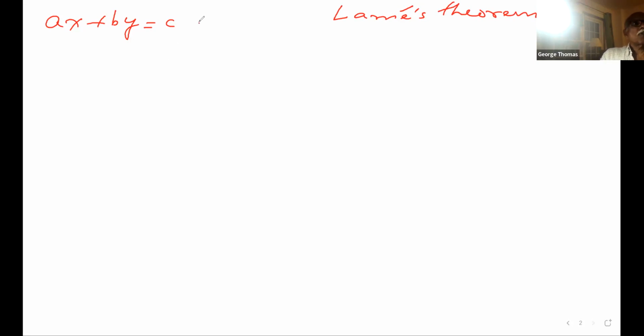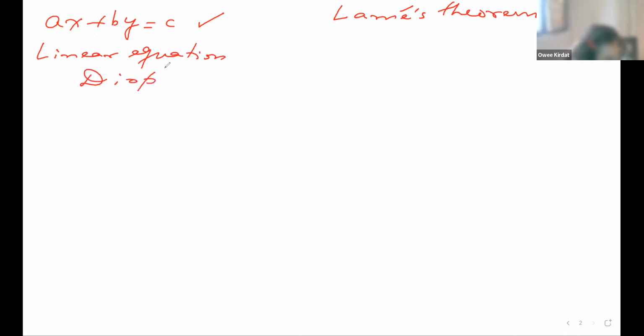What do you call this type of equation? A linear Diophantine equation. But this was investigated by the Greek Diophantus, and they are called Diophantine equations.